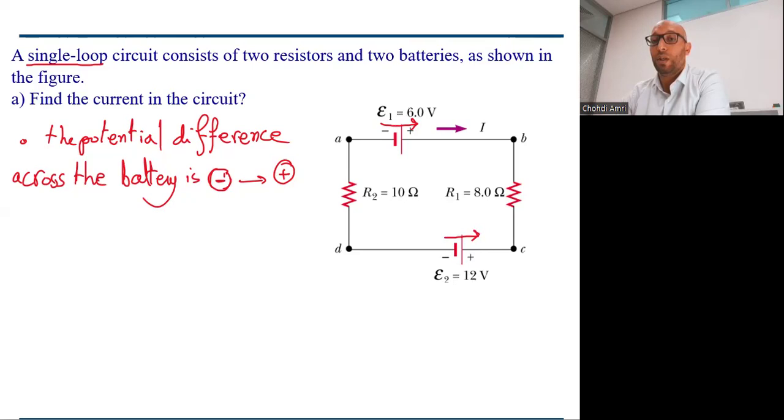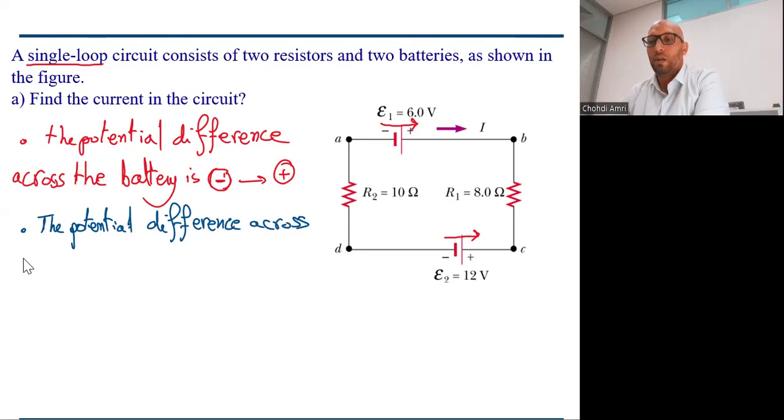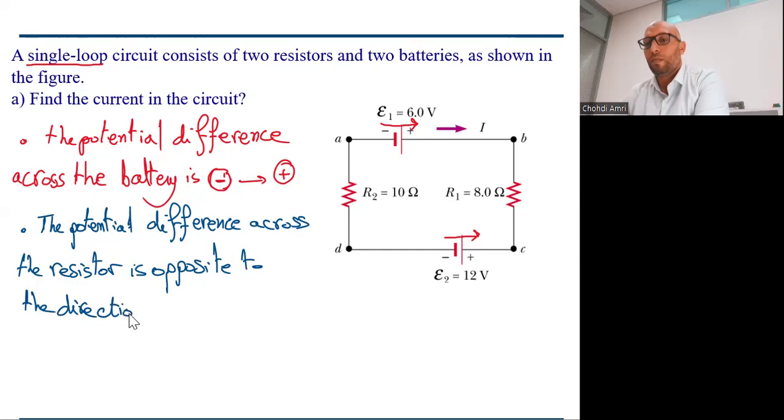This is a very important point. The second point: the potential difference across the resistor is opposite to the direction of the current going through this resistor.